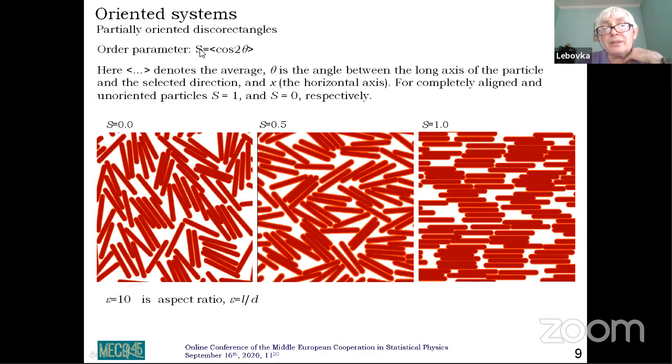This state can be characterized by the order parameter like this, where theta is the angle between the long axis and the selected direction. This picture is presented for a rather large aspect ratio. Aspect ratio is the ratio between the length of the particle and its thickness. It is equal to 10 in this particular case.